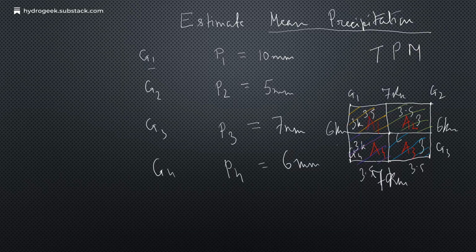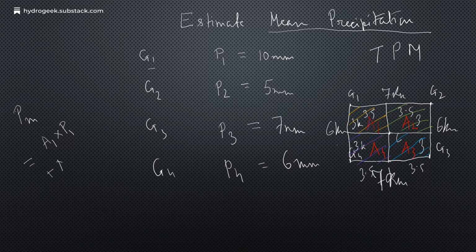Okay, so to find the mean precipitation of that watershed, PM, you have to multiply the area A1 with the precipitation of that area. That means G1 has measured precipitation P1, so you have to multiply this P1 with the area A1, as A1 is connected to G1.